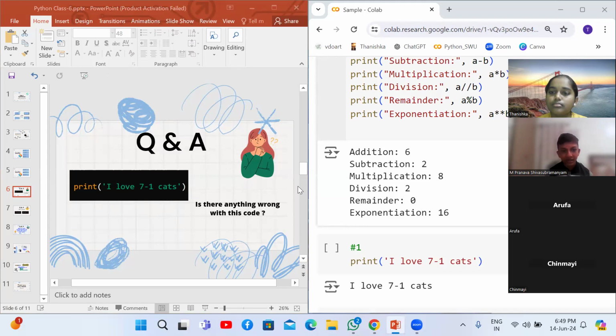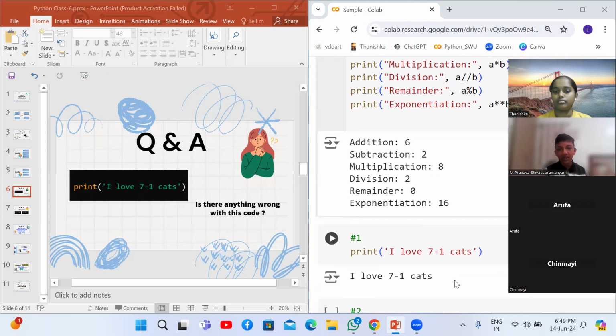Actually it says I love 6 cats, but it prints I love 7 minus 1 cats. It doesn't print I love 6 cats. We can even see in the code there, it has just printed I love 7 minus 1 cats.